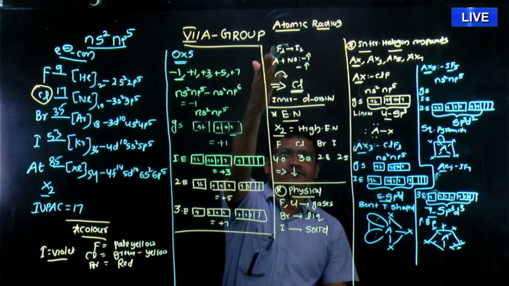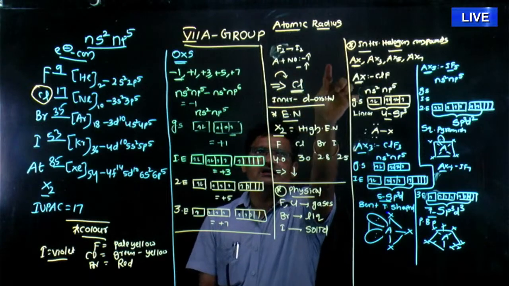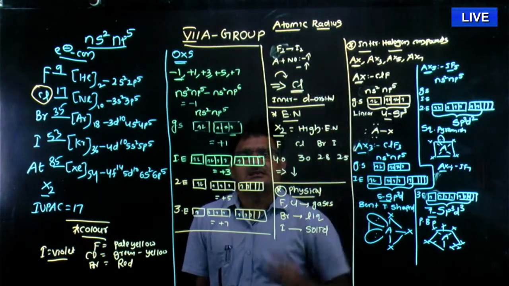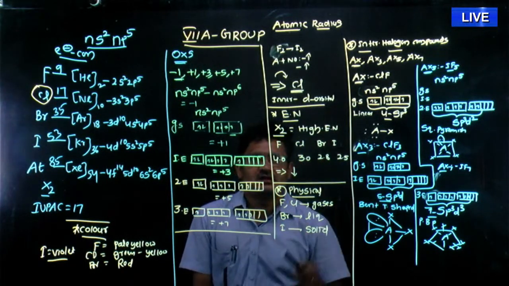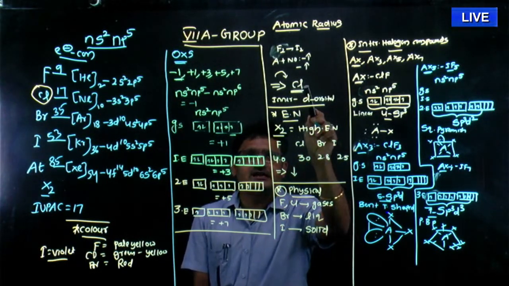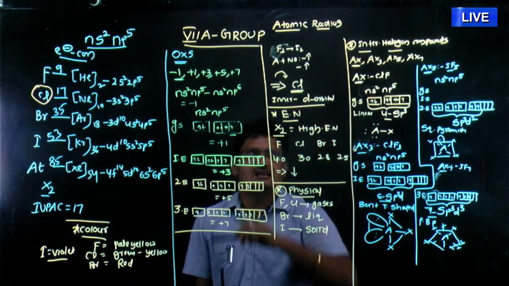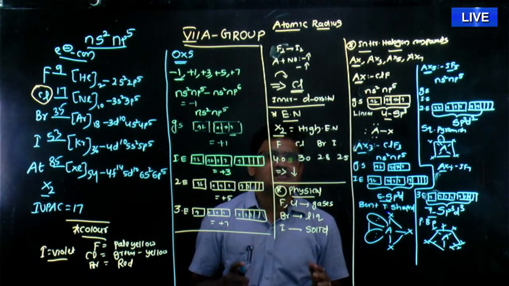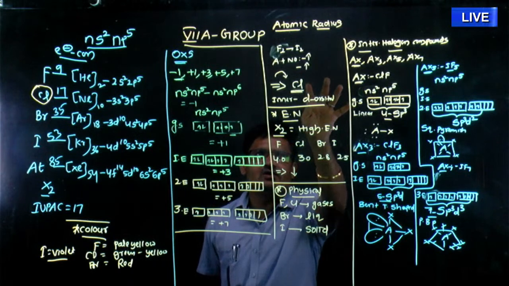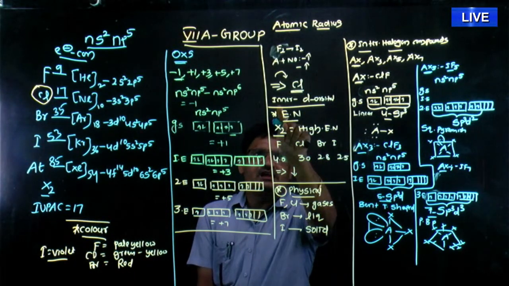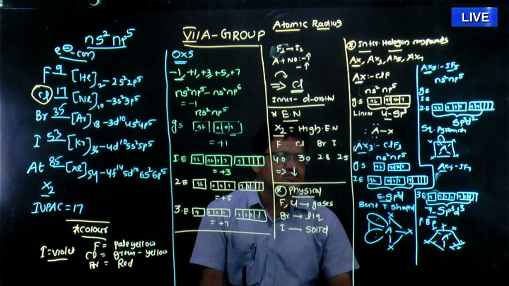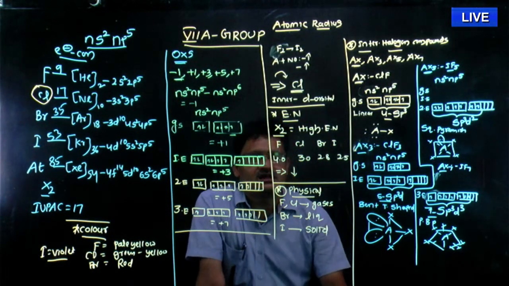That's why from fluorine to iodine, atomic number and atomic weight increase. The differentiating electron enters into the next higher energy shell. This is due to the screening effect by the inner d orbital.